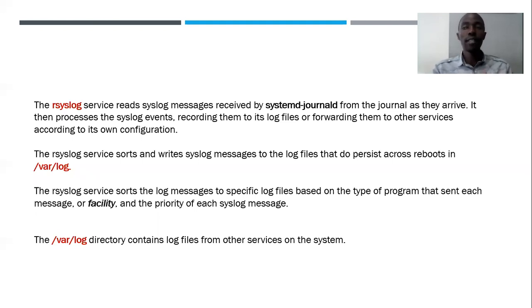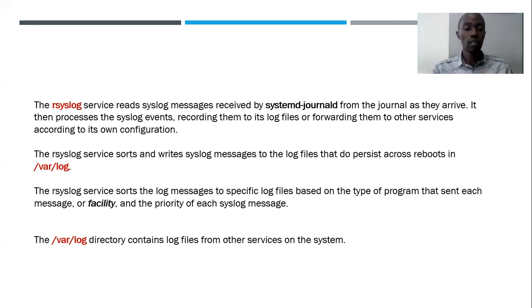So the work of systemd journald is just to collect the log of events. And then it's the work of rsyslog to capture those events from systemd journald and sort them out by processing, by writing them where? In /var/log.